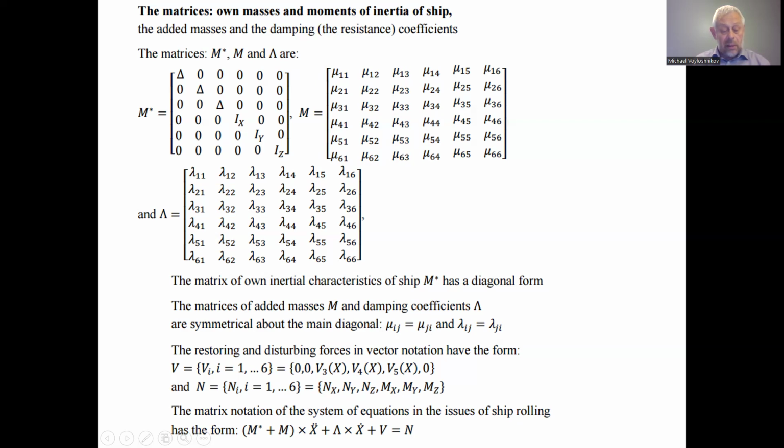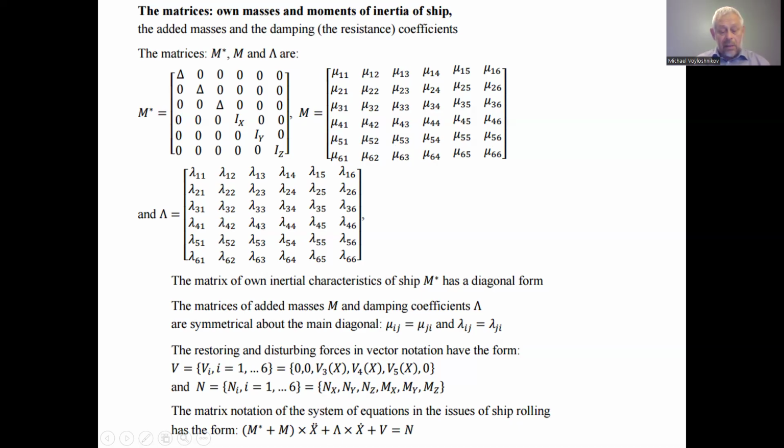This looks like, in the brackets, the total of two matrices: this one with the asterisk plus m, the added masses, and the product by the second derivative of the vector of the ship motions.